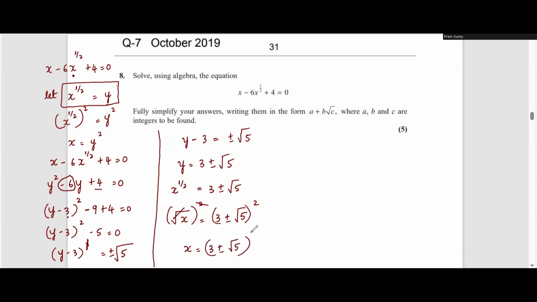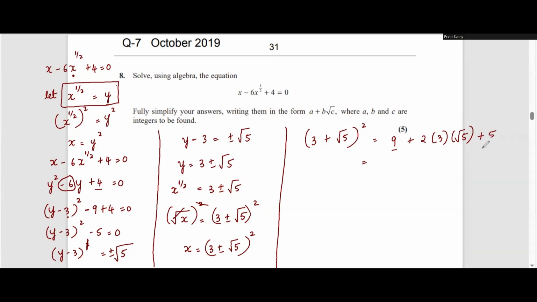Now, what is 3 plus root 5, the whole square? We know this is 3 square 9 plus 2 into 3 into root 5 plus root 5 the whole square. Root 5 the whole square is 5.